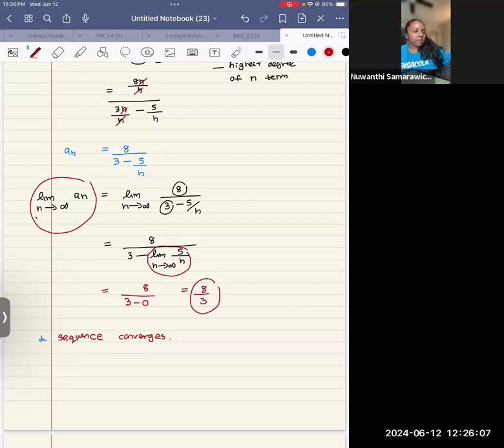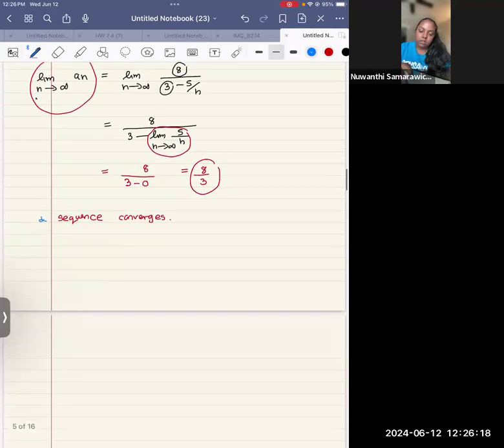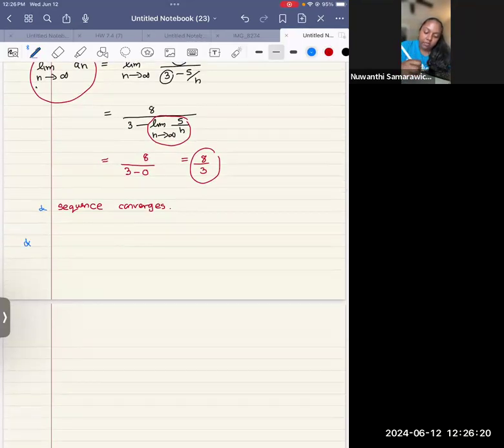Okay, so let's do another example. This is one way of showing convergence. That means you can find the limit as n goes to infinity, whether it is L or infinity.